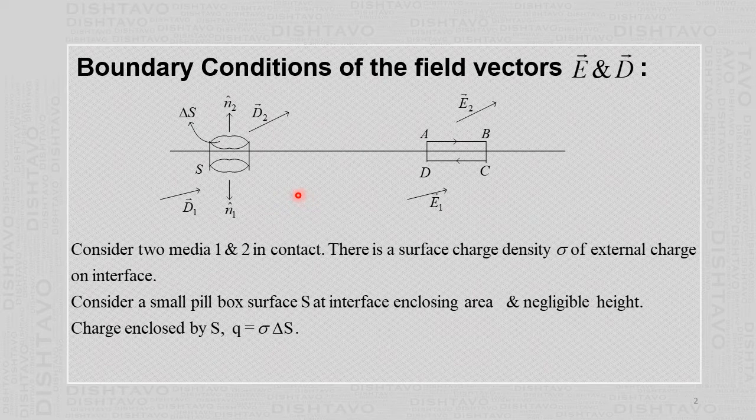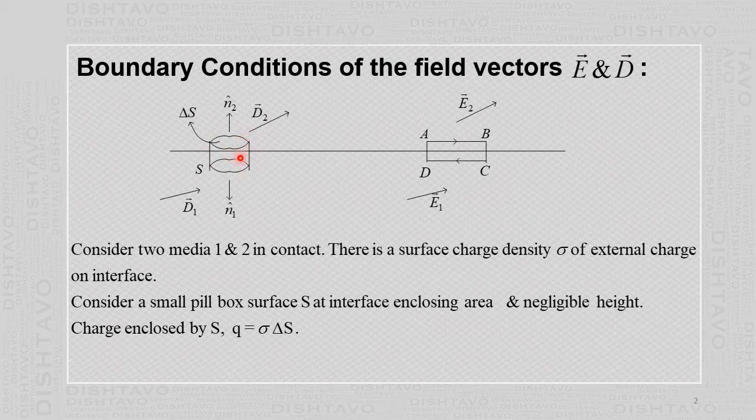Then to find out the values at the interface, that means the surface separating dielectric 1 and dielectric 2, what happens to the electric field and what happens to the displacement vector, we take a surface which lies in both dielectrics.